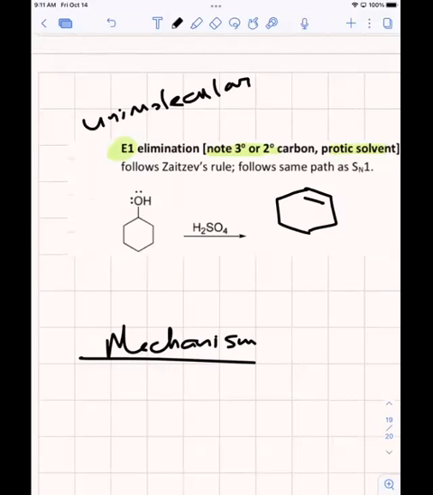Anybody? What can we draw from the fact that it's a unimolecular reaction? That it just deals with one molecule. Exactly. And it's the substrate.